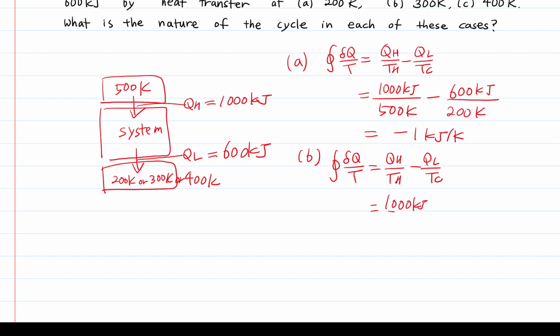QH over TH remains the same. QL over TC is 600 kilojoule over 300 Kelvin, so the result is 0 kilojoule per Kelvin.